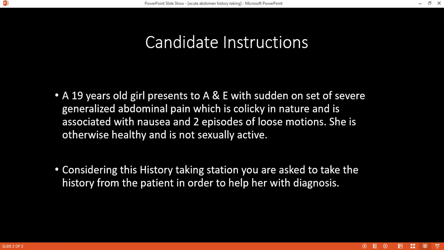Okay, I would like to ask you about your medical background now. Have you been treated for any disease by your GP before? No, doctor. Has anybody in your family ever had something similar to this before? Not that I know of.